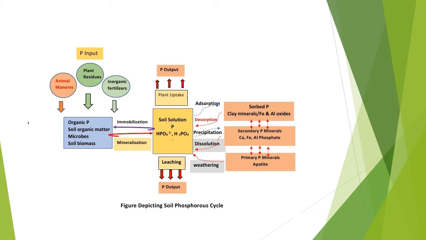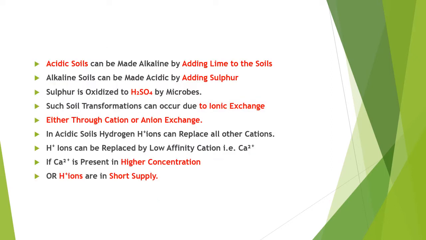So phosphate can remain in an adsorbed form, or it can be in the form of a solution within the soil. Now we have soils which can be acidic or alkaline. Acidic soils can be made alkaline by adding lime, or alkaline soils can be made acidic by adding sulfur.